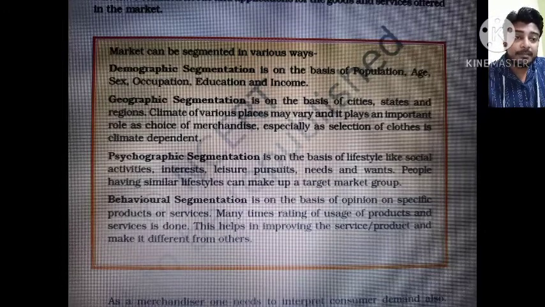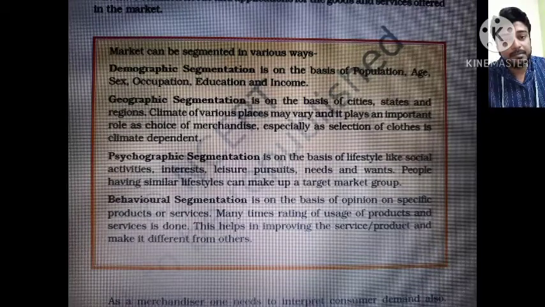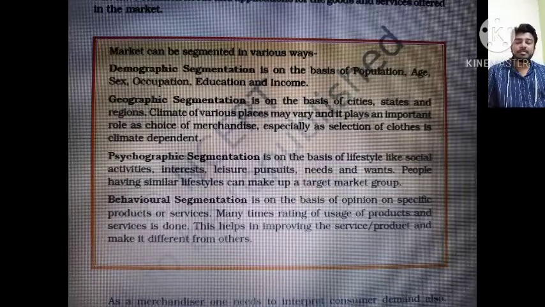So the market can be segmented in various ways. These are the four different ways in which the market can be segmented. Number one is demographic segmentation. Demographic segmentation is done on the basis of population, age, sex, occupation, education, and income. These are the different variables on which demographic segmentation is done.